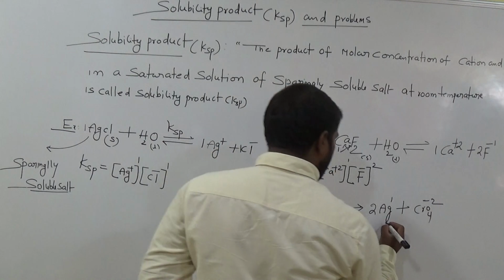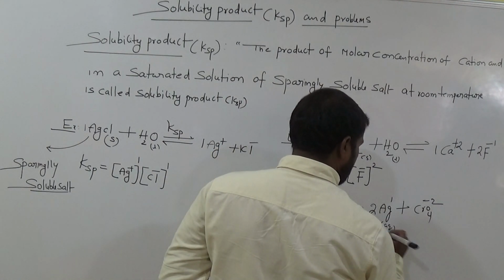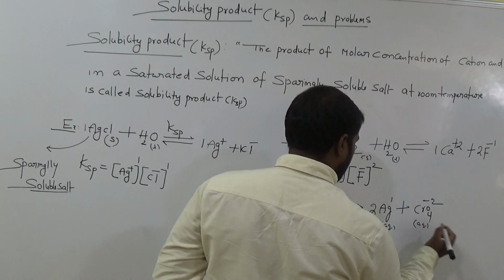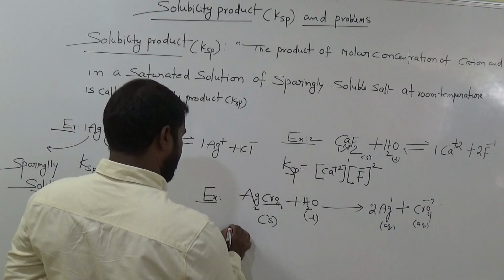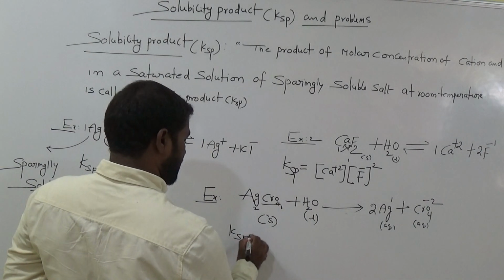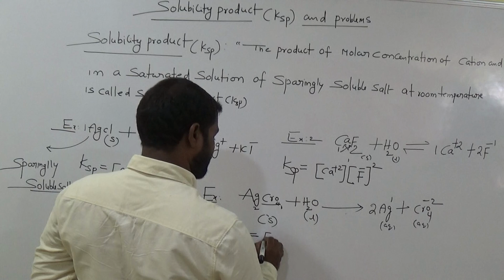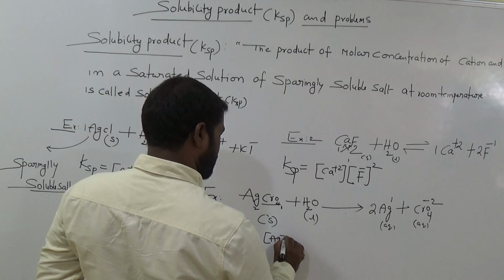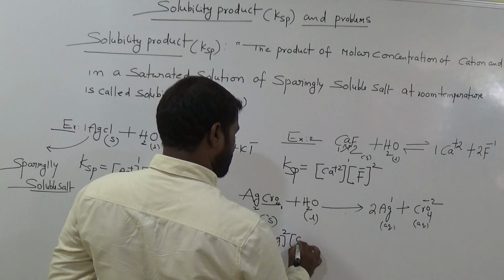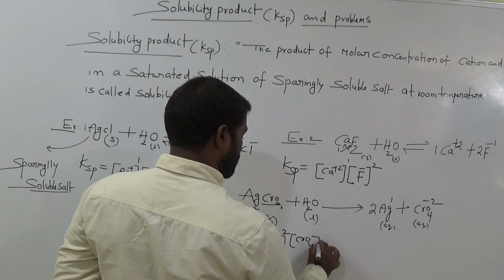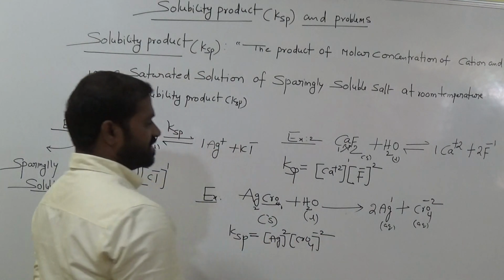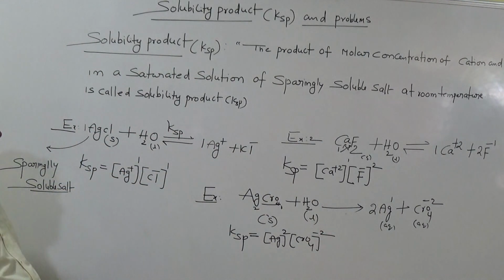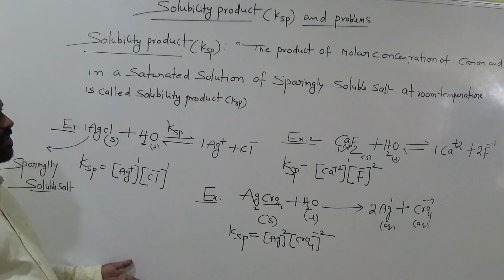Now these are aqueous. Now write the Ksp expression. Ksp is equal to Ag plus squared into CrO4 minus 2. Is it clear, all of you? How to write solubility product?